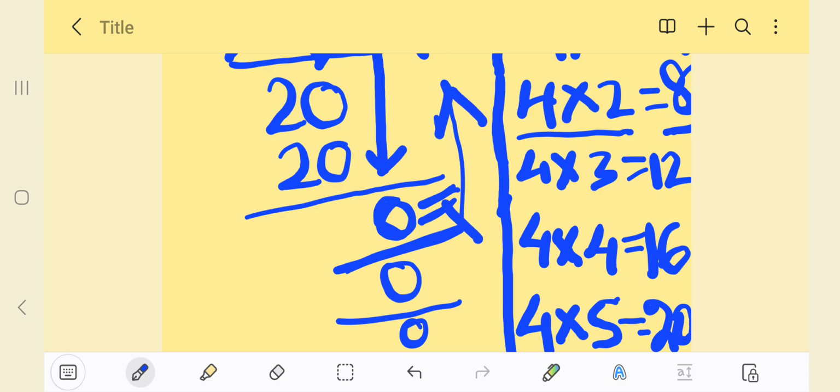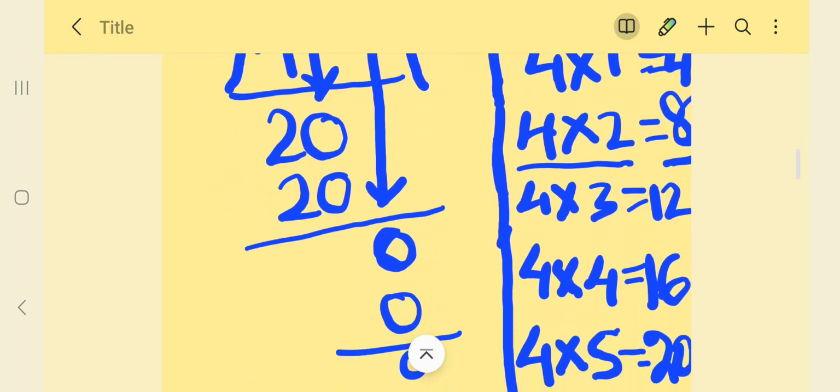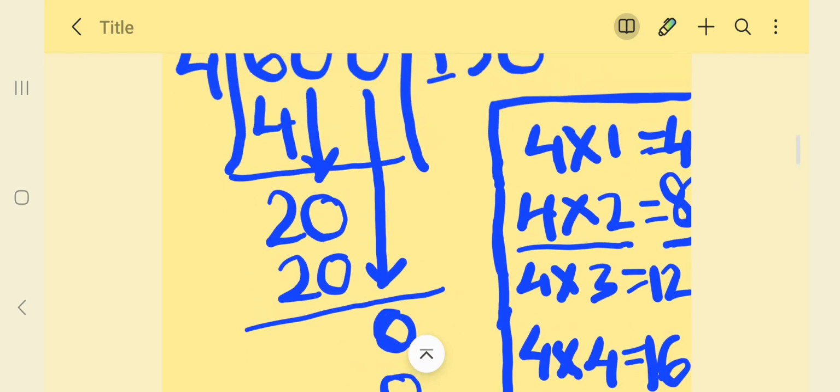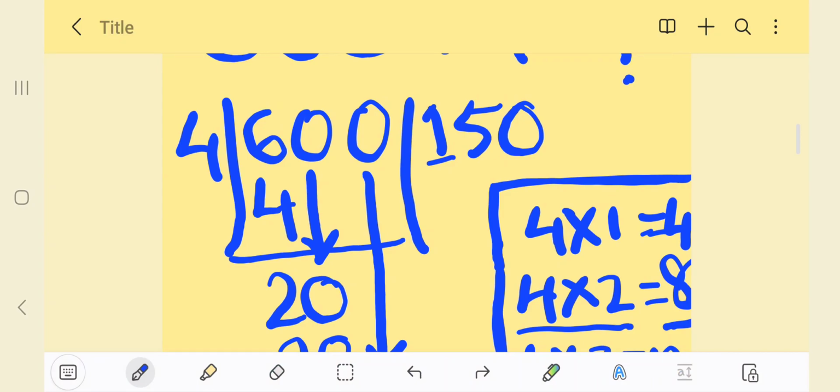So that's why I'm explaining it using the times table. 4 times 0 equals 0, and I hope you checked that I put a 0 here before putting that 0. So we got this answer, that is 150, and that's the answer.